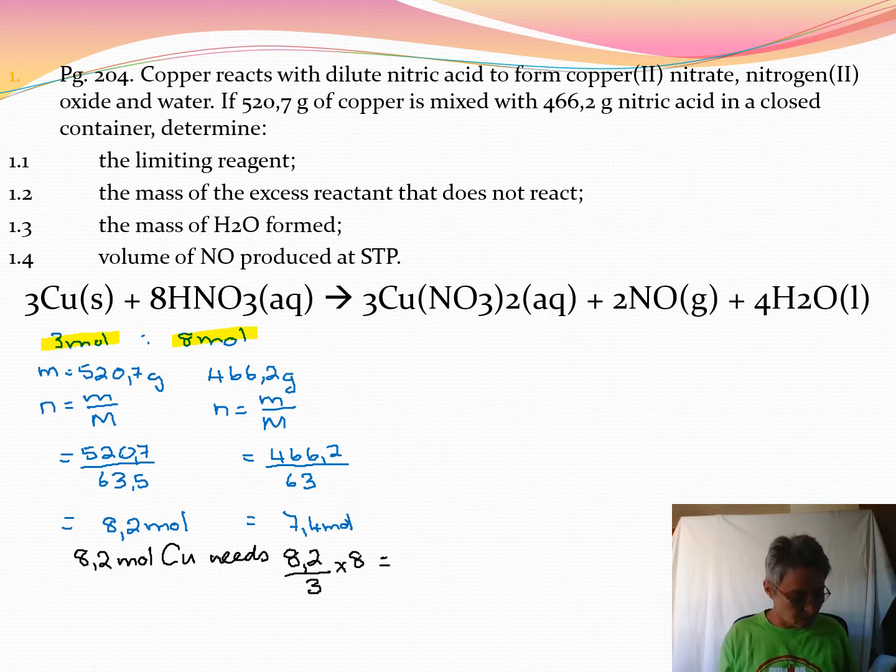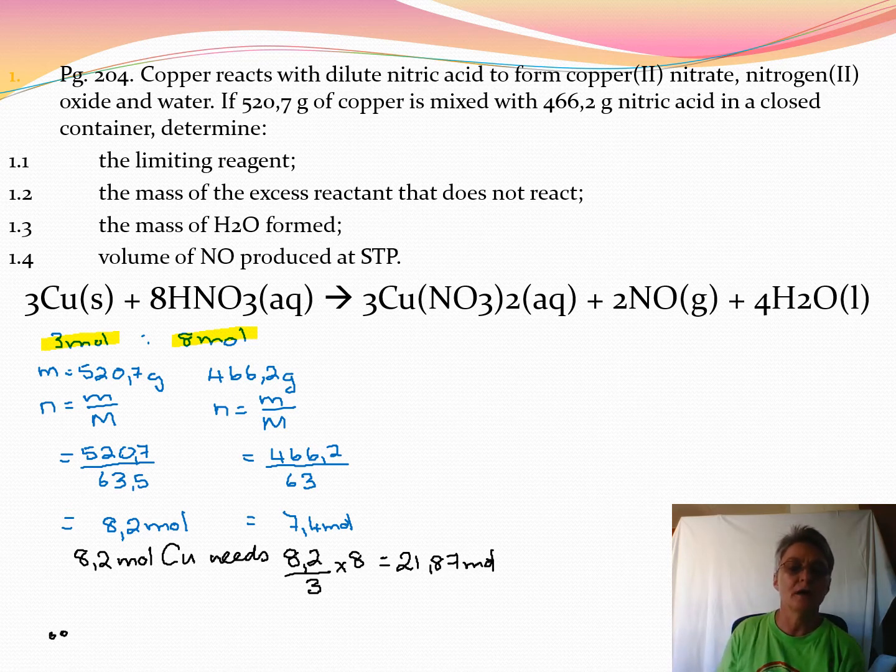So it's 8.2 times 8 divided by 3. It needs 21.87 moles of nitric acid, and I've only got 7.4 moles.